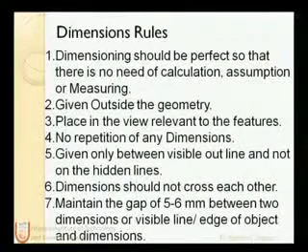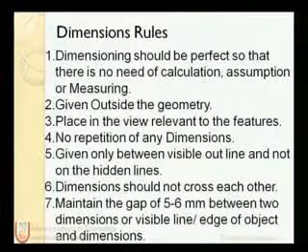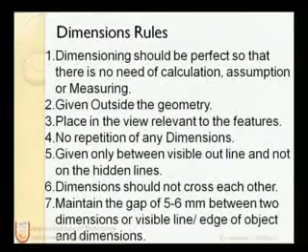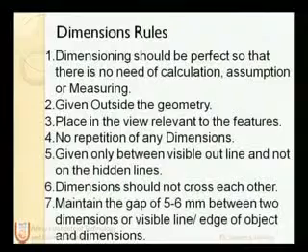Second one, dimension must be given outside of the geometry. If the geometry is bigger, even then we should try to give the dimension outside the geometry, so that there will be a minimum chance of clash with the geometry. Third one is place the dimension in the view relevant to the features.